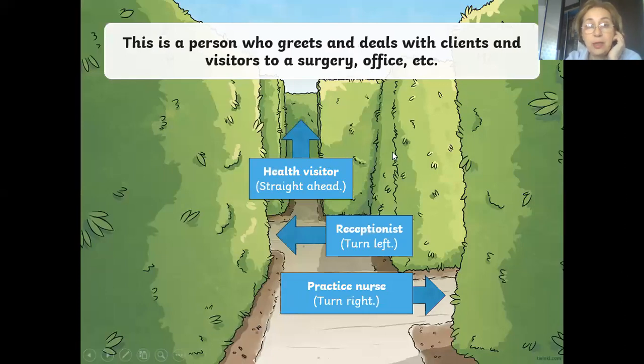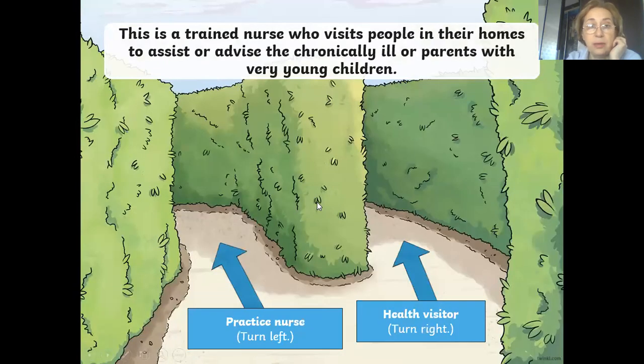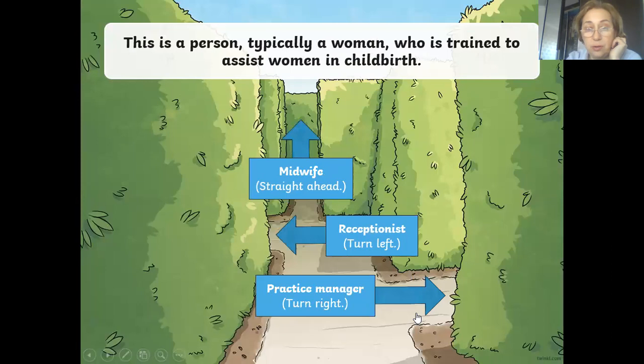Person who greets and deals with clients. Receptionist. A doctor who treats patients with minor chronic illnesses. General practitioner. Okay, so this is a trained nurse who visits people at their homes. Health visitor, right? A person, typically a woman, who assists women in childbirth. Midwife.